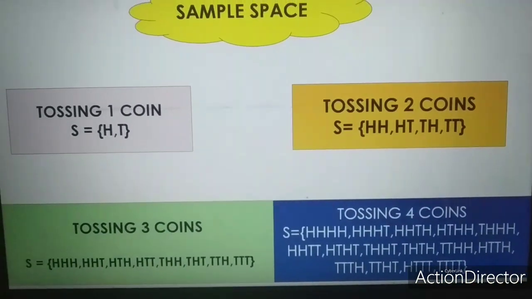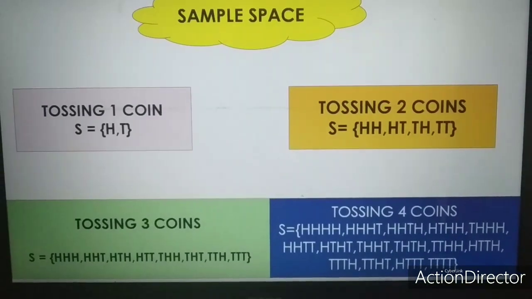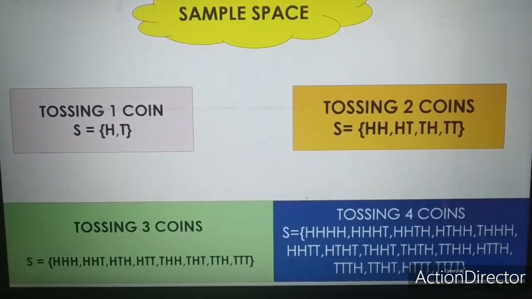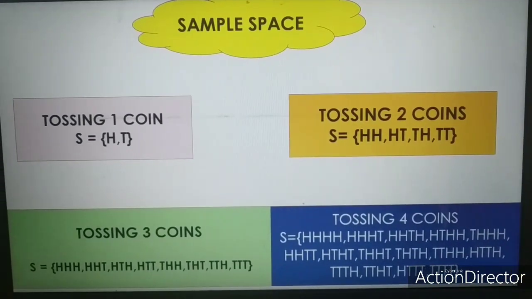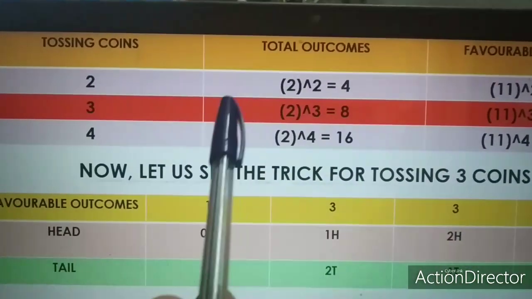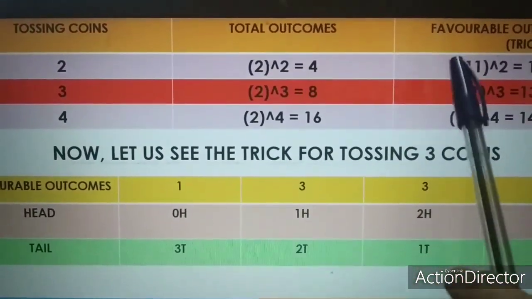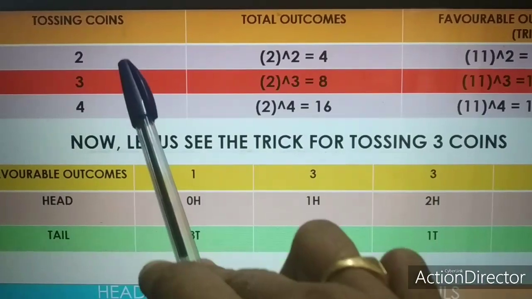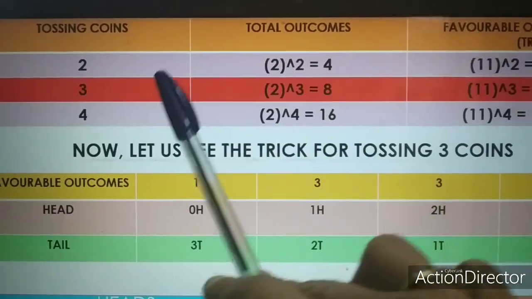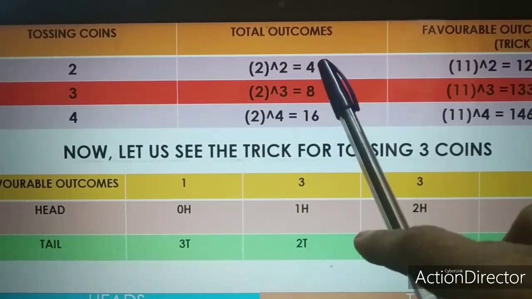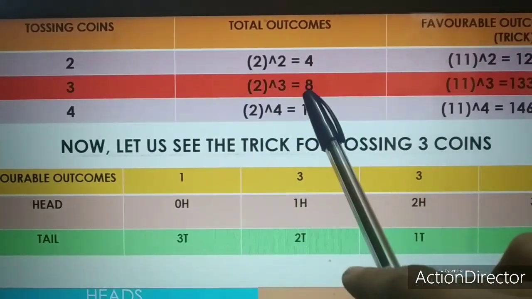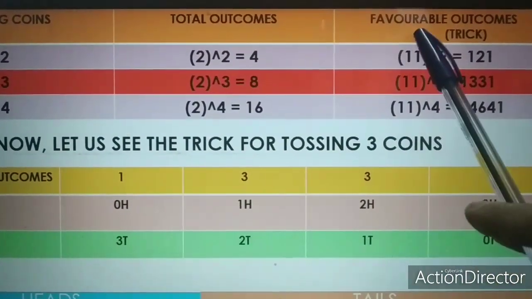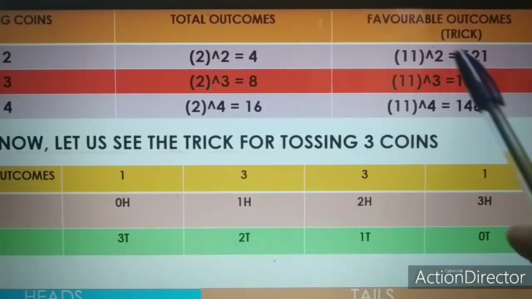So now you understood what the sample space is and what outcomes you get in the sample space. Now to understand the trick, we are making 3 columns. First column is the number of times the coin is tossed. Second is the number of outcomes you get while tossing the coin. And third is the favorable outcome. Here the trick mainly lies.